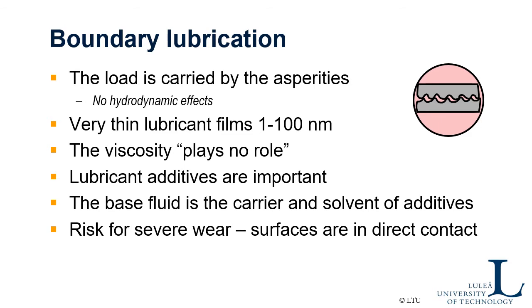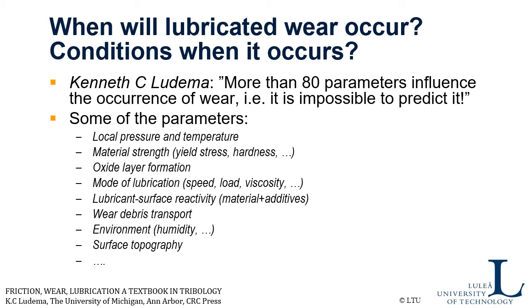Of course, in a contact where the load is carried by the asperities, there is a risk of wear, and a risk of severe wear, since surfaces are in direct contact. So in boundary lubrication, we really want to know when wear is occurring and when lubricated wear is occurring.